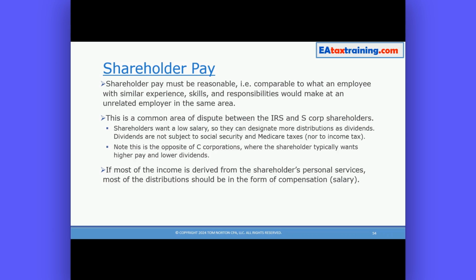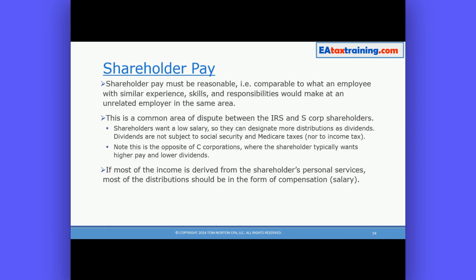This is the exact opposite of a C corp. In a C corp, dividends are taxable and they are not deductible by the corporation. So in a C corp, the shareholder owner wants a high salary because it's deductible by the C corp, and low dividends because they are not deductible by the C corp.